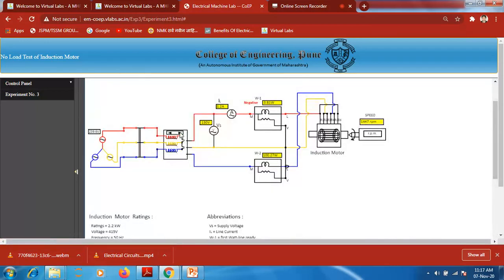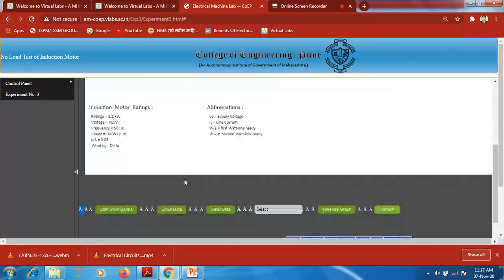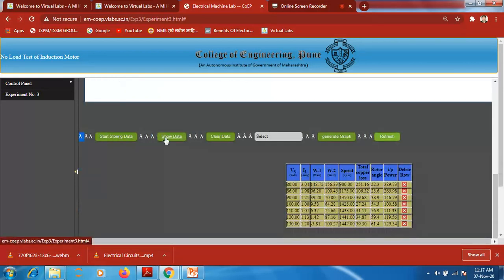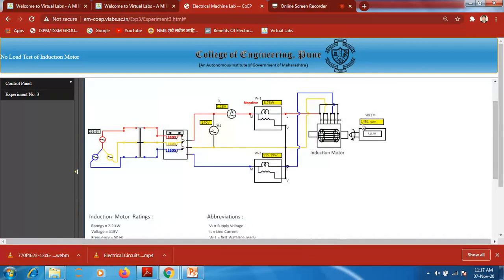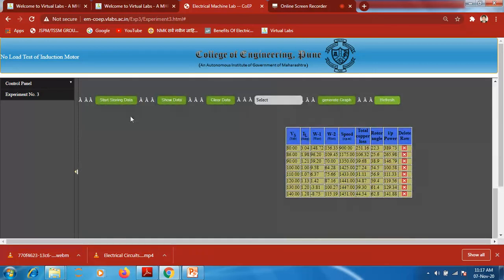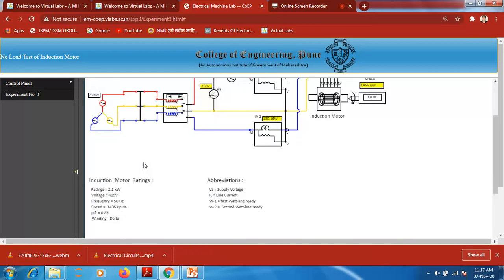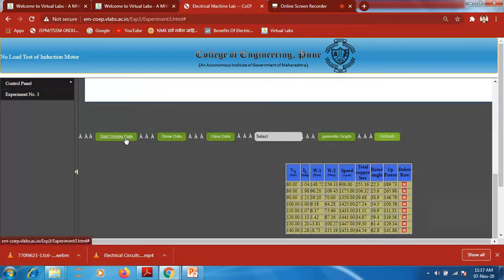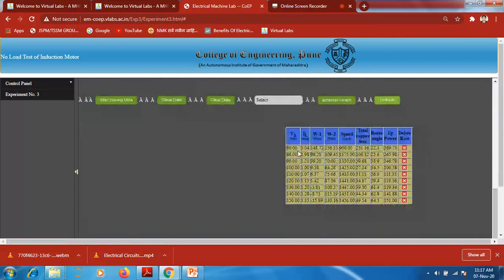Okay, then 140 volt, the speed is showing as 1451. At 150 volt, it is showing the speed as 1456. Okay, so that's it.